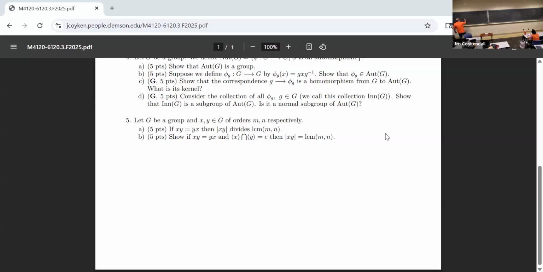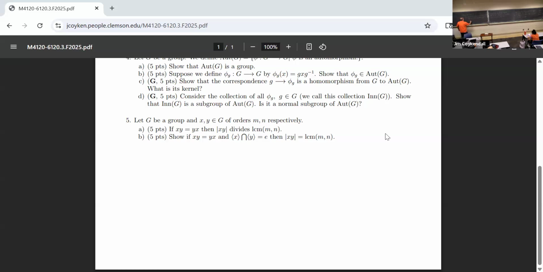Well, now suppose X and Y are in H. We know Y inverse is in H, because we built that.